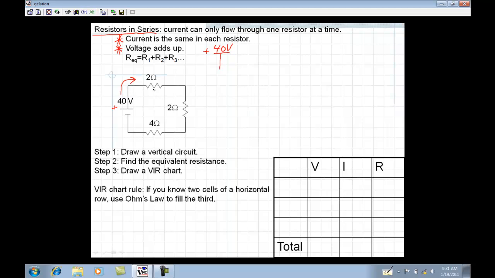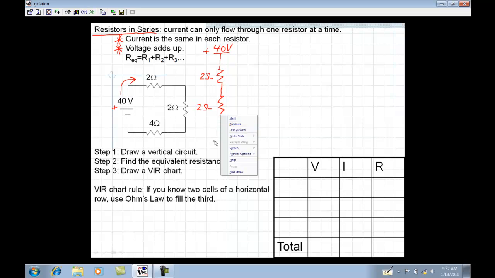It goes through that first 2 ohm resistor, so I'll draw a little squiggly line to represent it. Then it flows through the next 2 ohm resistor, and finally, after more wire, it goes through that 4 ohm resistor.